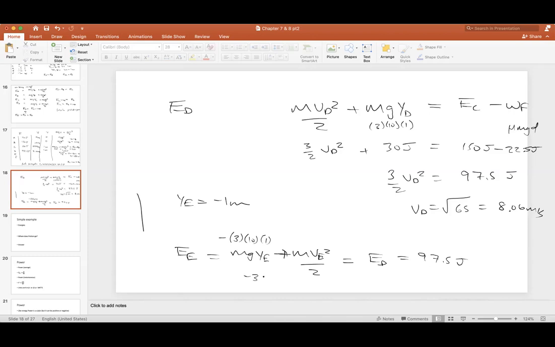This is -30. That means that mvE squared over 2 is equal to 97.5 plus 30 joules, which is 127.5 joules. And vE is then multiply 127.5 times 2, divide by 3, take the square root, that's the square root of 85, and I get 9.22 meters per second.